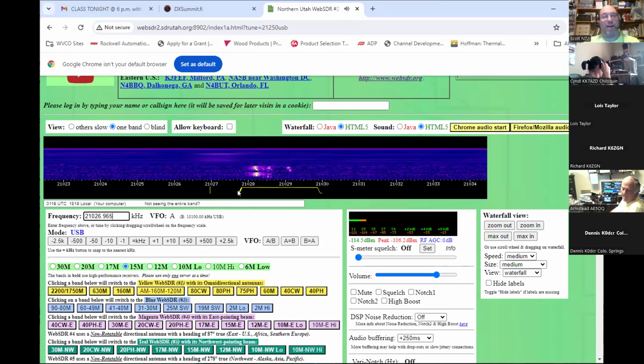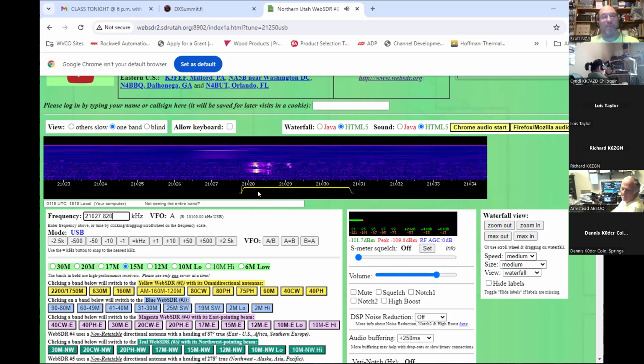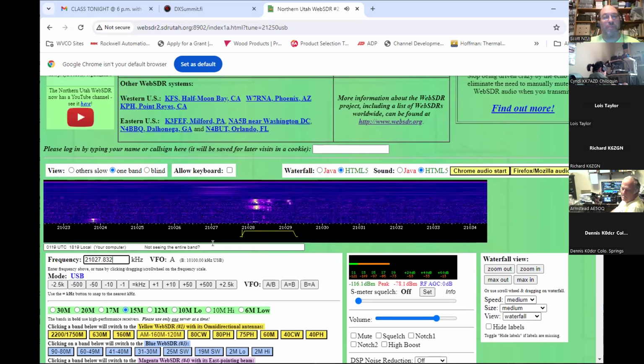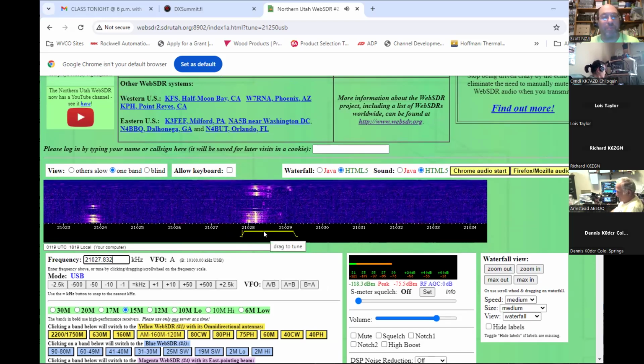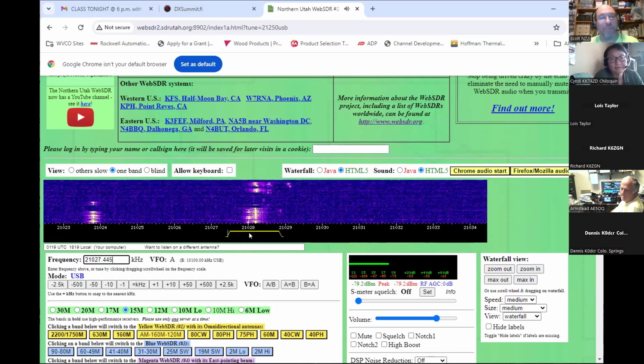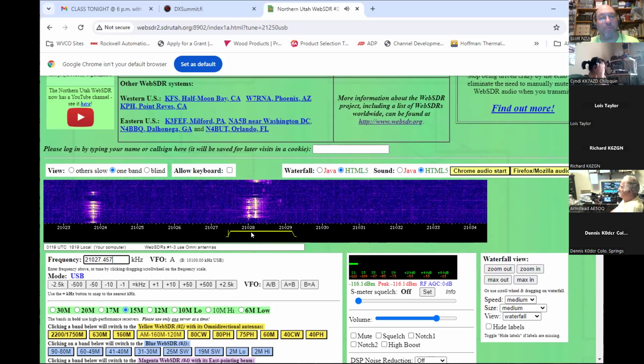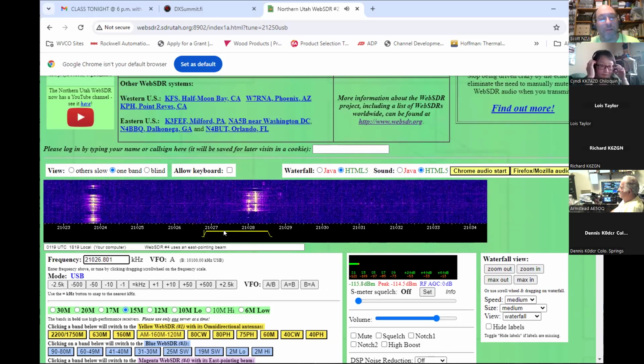Okay, so this is the pile up. There's somebody just tuning up in the middle of the pile up, which they shouldn't be doing. Come on.